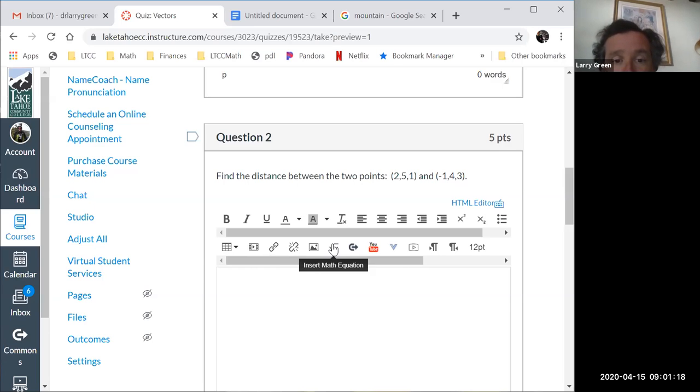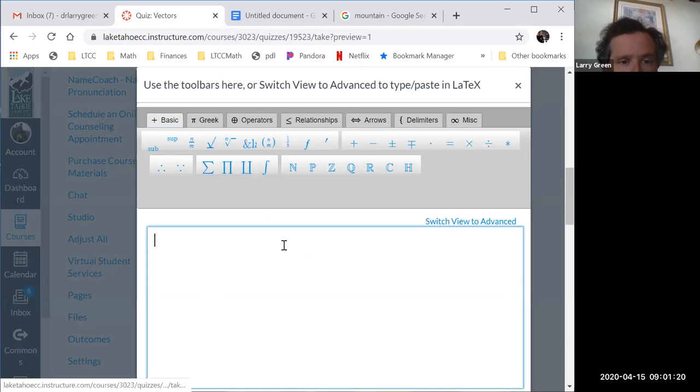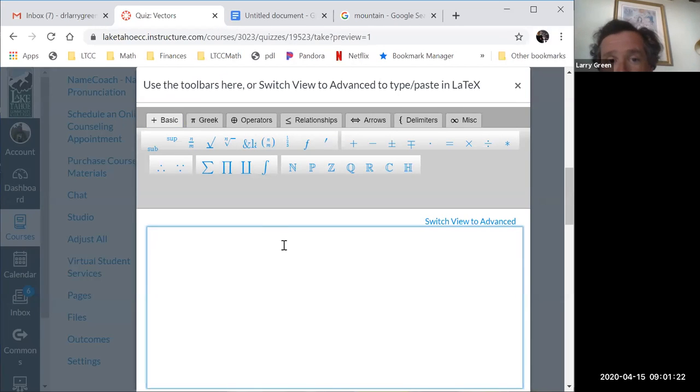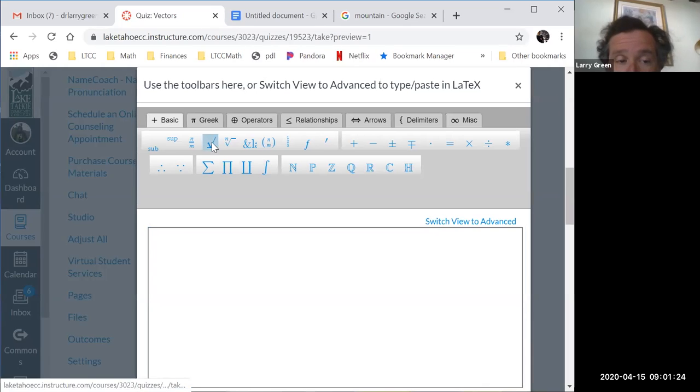And we need to use the distance formula for that. If you remember, the distance formula started with a big square root. It's like the Pythagorean theorem, but now we have 3 instead of 2. So we have -1 minus 2.